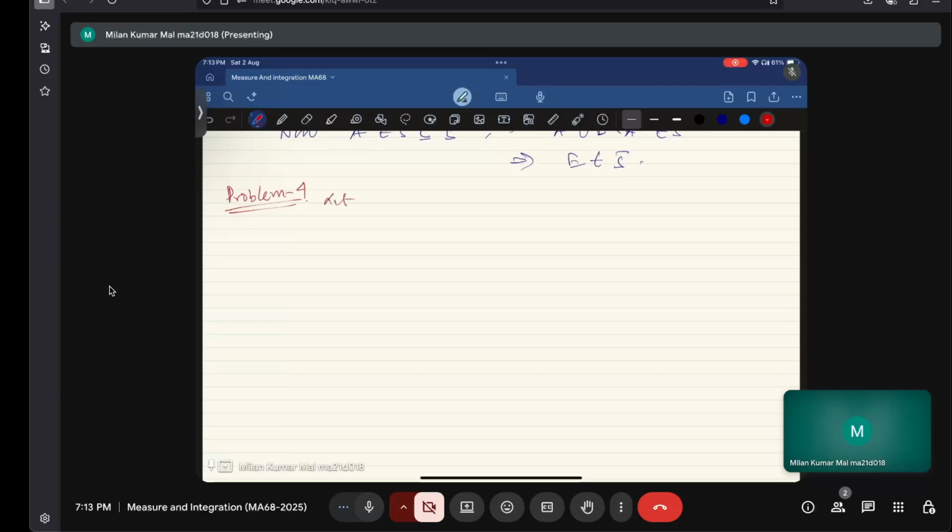Let X be a non-empty set, and H is the full collection, the power set collection.